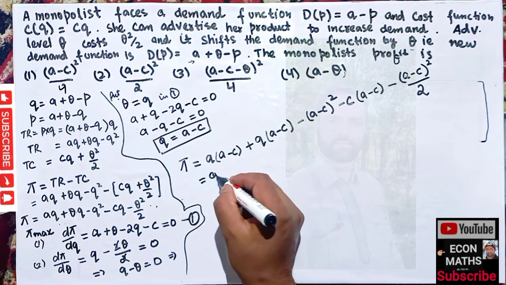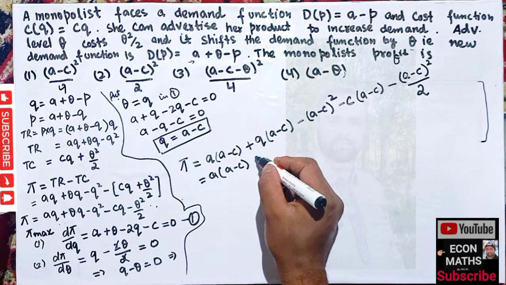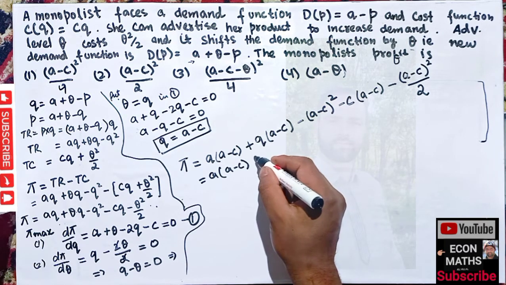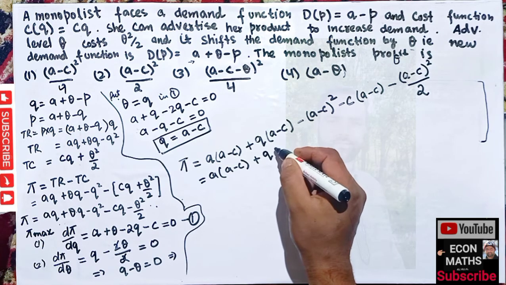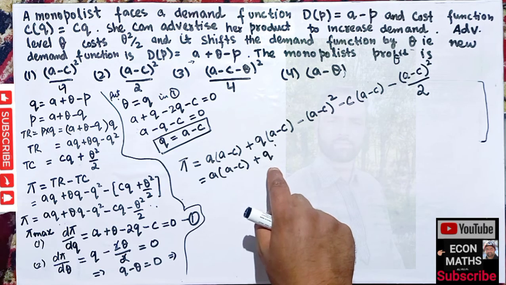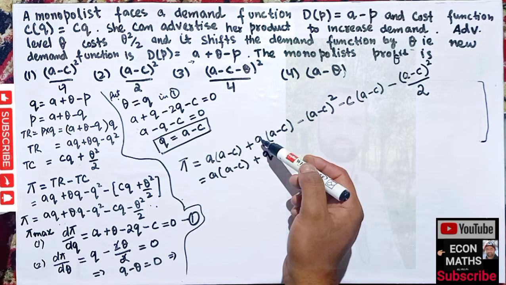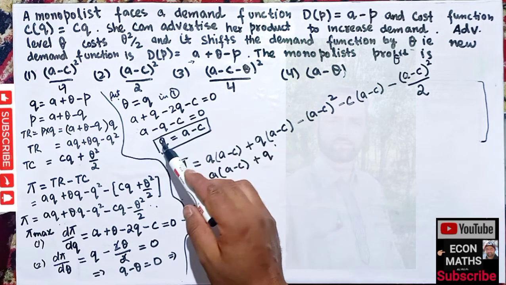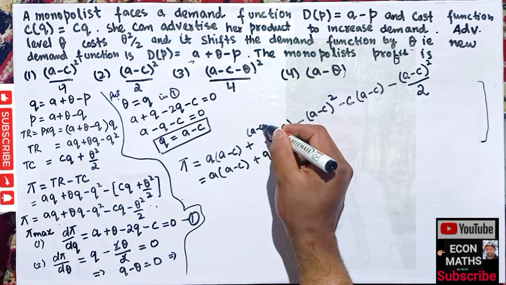Sorry, the value of theta was q, and q in turn was equal to a minus c. So here it is a minus c again.